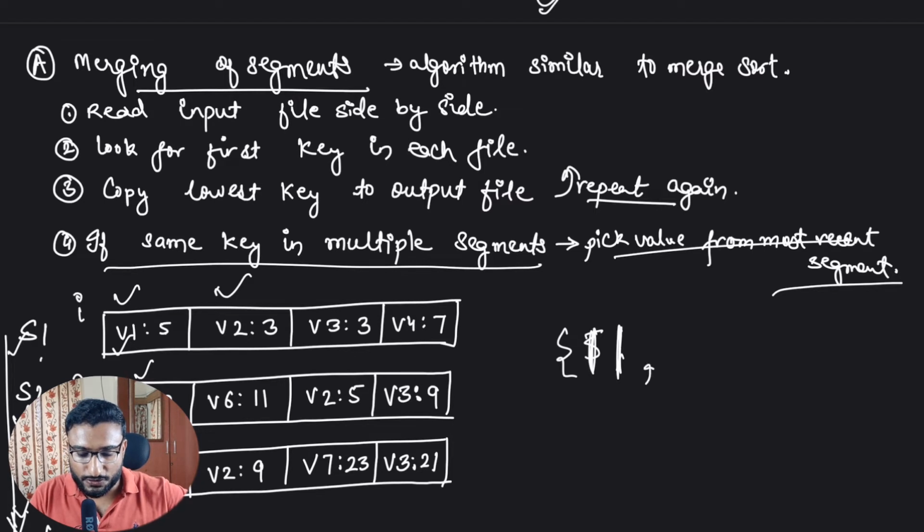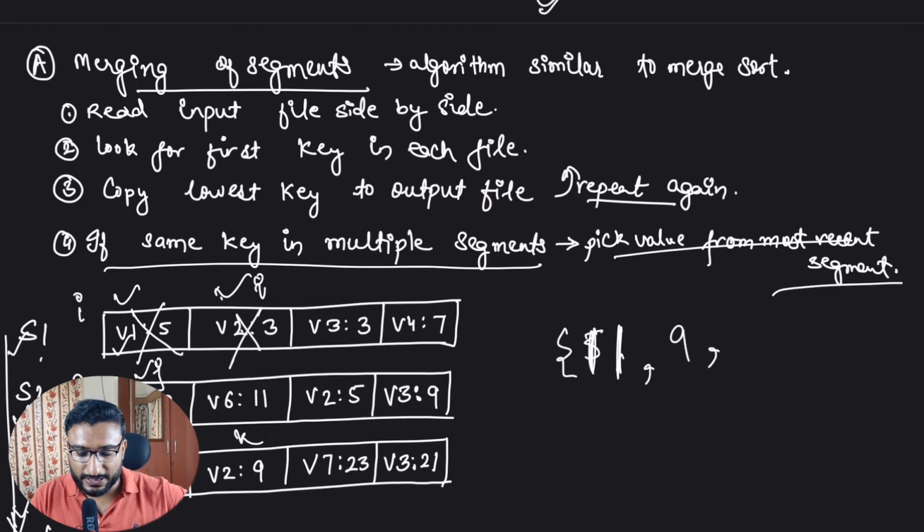Right now your I is here, your K is here, and your J is here. Now you are comparing V2 equal to 3, V5 equal to 9, and V2 equal to 9. Cool. So which is the lowest one? You have V2, V2 9, so you can discard this value. There are equal values, you can pick any one of them. Let's say we pick V2 equal to 9.